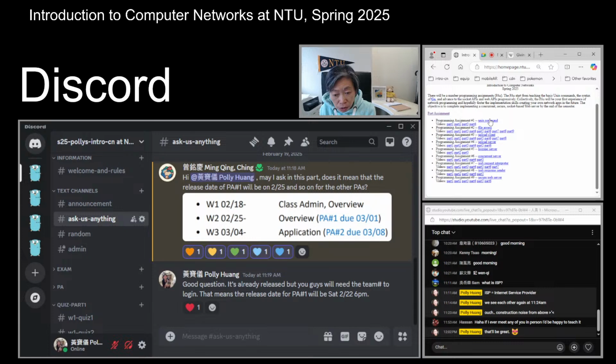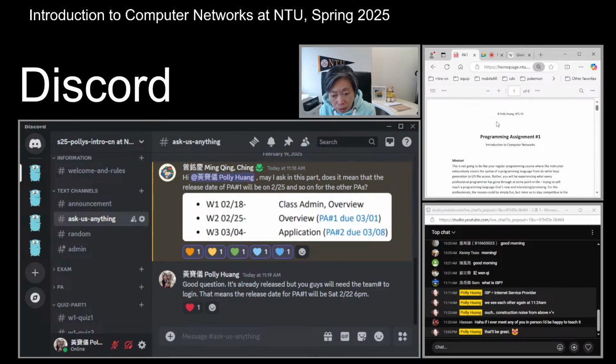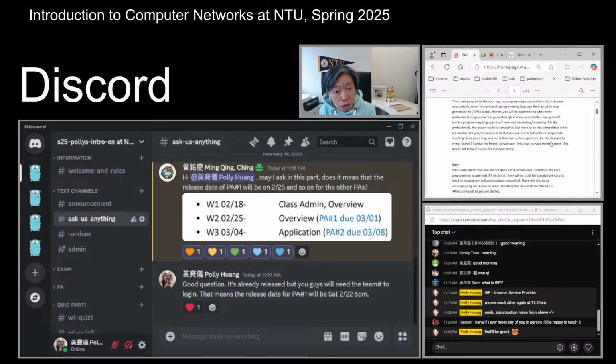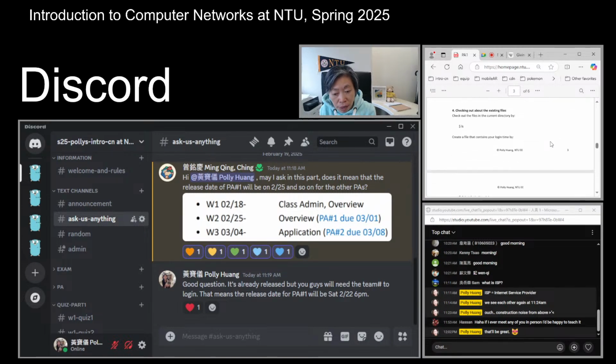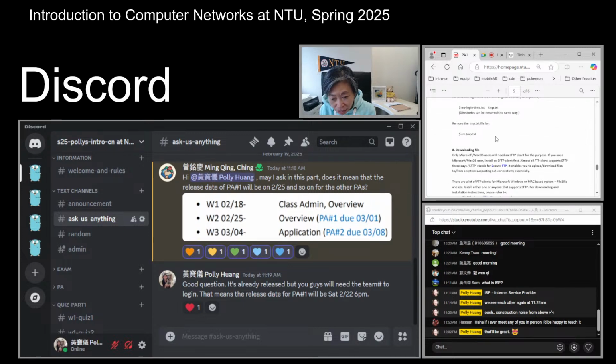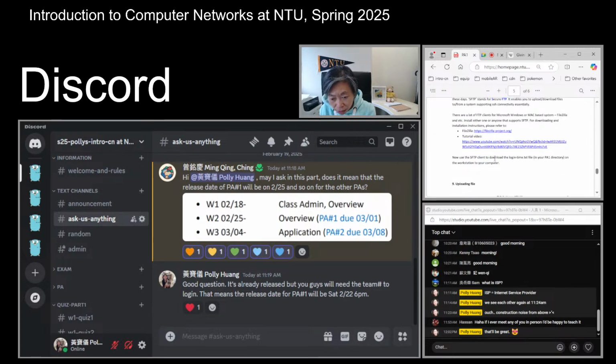And if you click into the link right after the assignment number, for example, Unix command, you see the description of programming assignment number 1. So you read this through and you try to complete what's asked. Downloading file, uploading file, logging out.